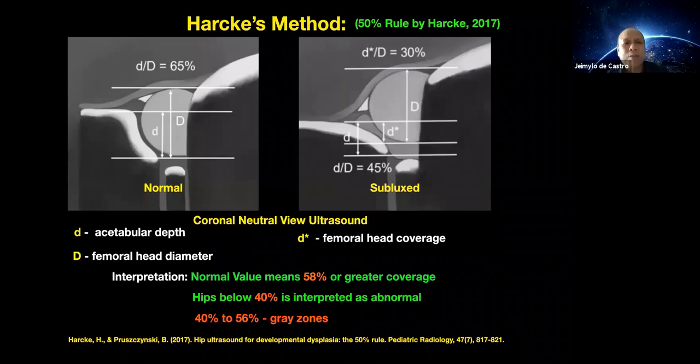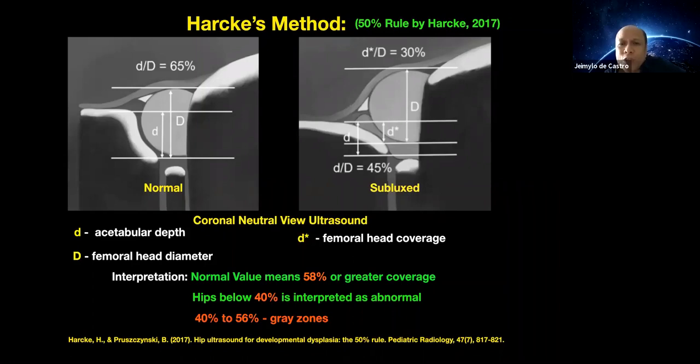So as you can see, if the ratio of the d over D is more than 50%, in this case it's 65%, they would consider that as normal. Okay? So normal value means 58% or greater. But just in case it displaces or subluxes, you will notice here now 2D. The first D is the original D, which should have been the distance from the triradiate to the ilium.